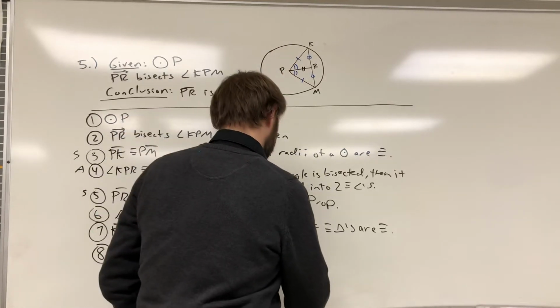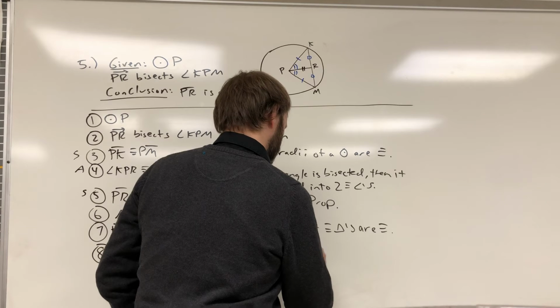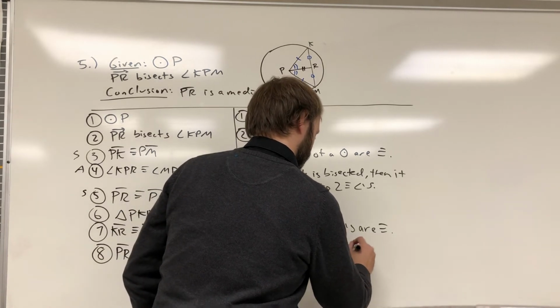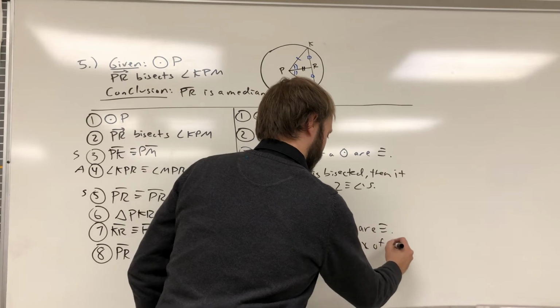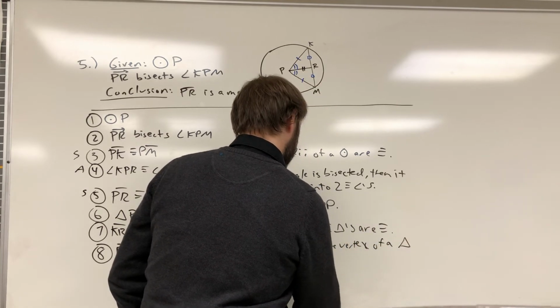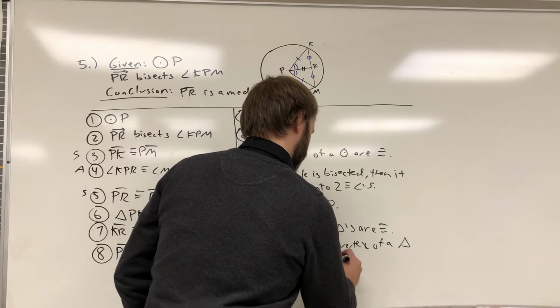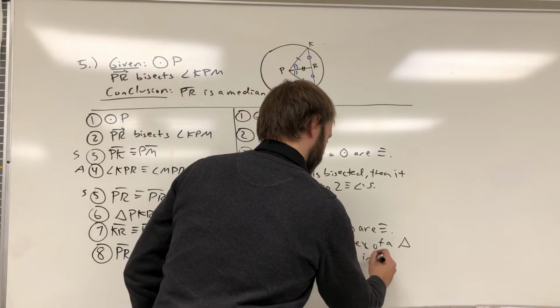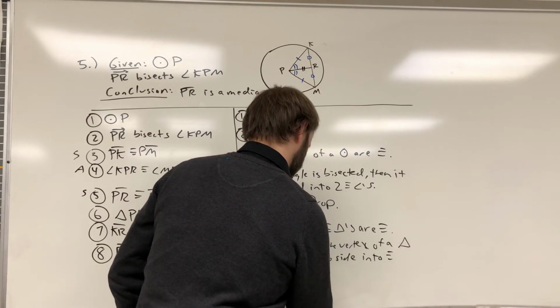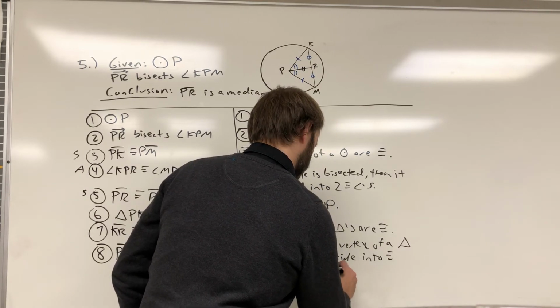So we could say if a segment, and it's got to be from the vertex of a triangle, divides the opposite side into congruent segments, then it is a median, okay?